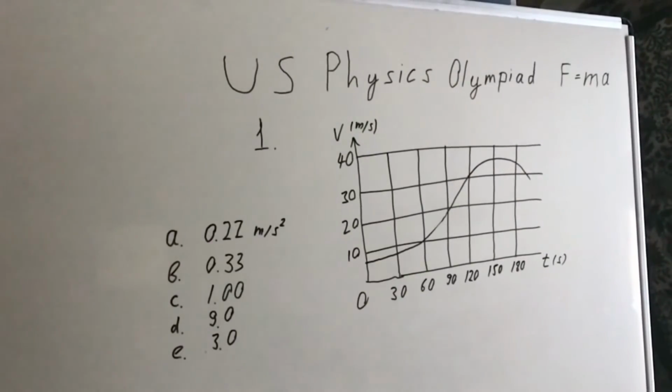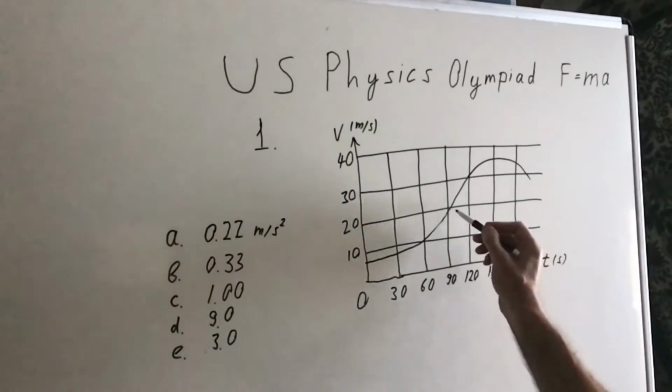Problem number 2. The graph shows velocity as a function of time for a car. What was the acceleration at the time 90 seconds? As we know, to find the acceleration at a given moment, we just need to find the slope of this curve at this point.